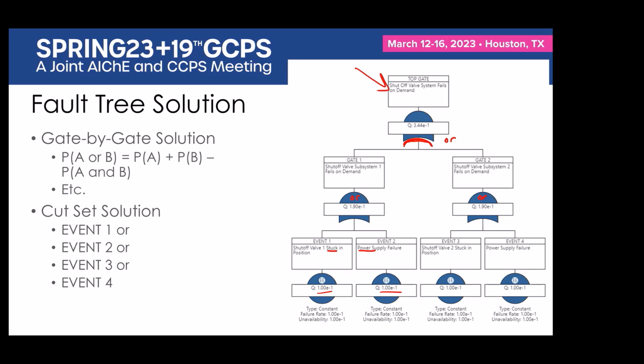Now, if you're new to fault tree analysis and you're thinking logically, you're thinking, I'm going to solve gate by gate and work my way up. So an OR gate is a logical OR, which is probability addition. So 0.1 plus 0.1 should give me 0.2, but instead it gives me 1.9.